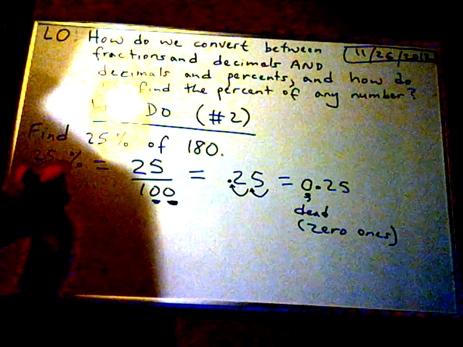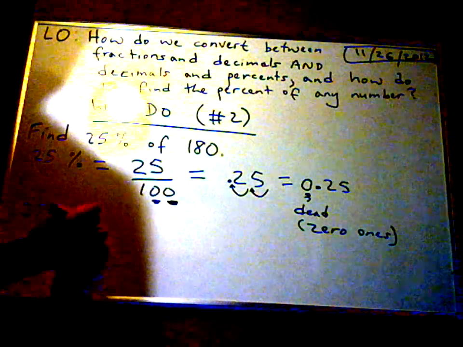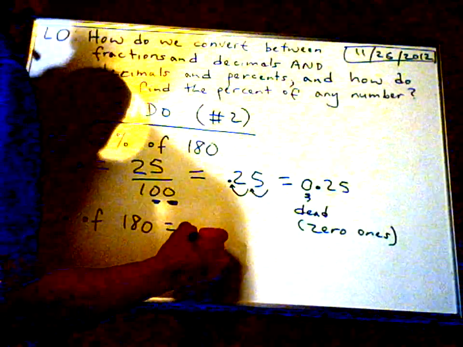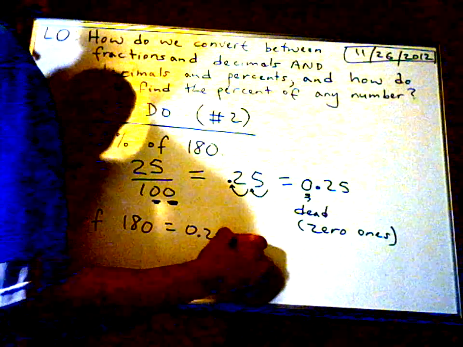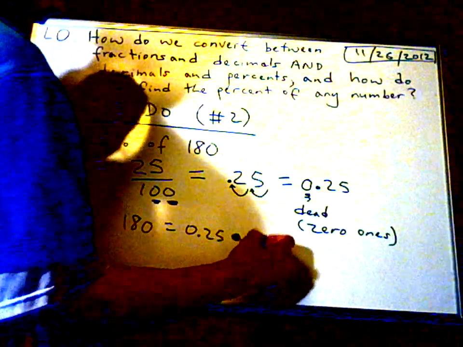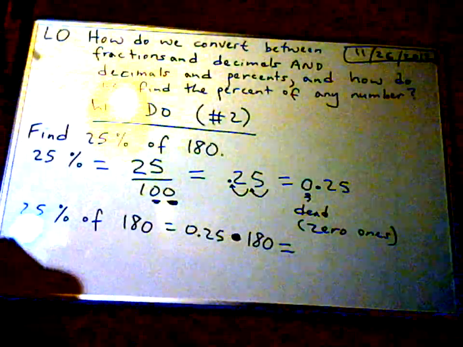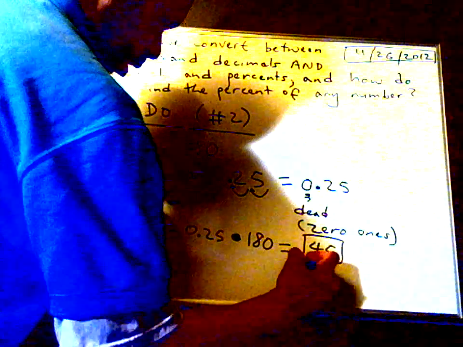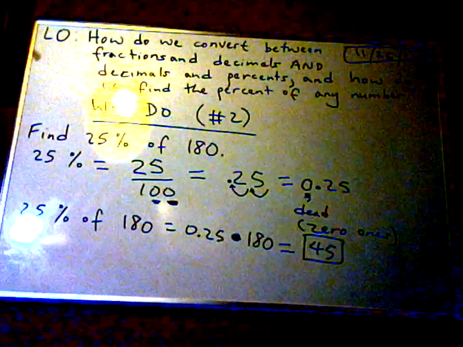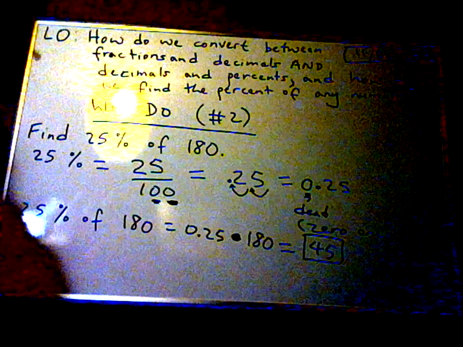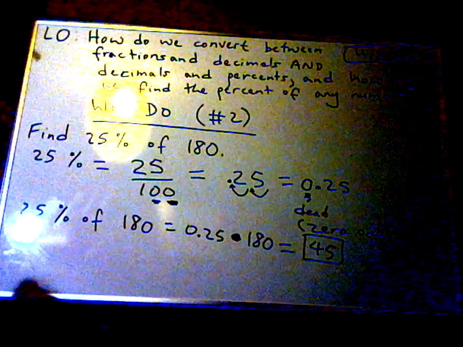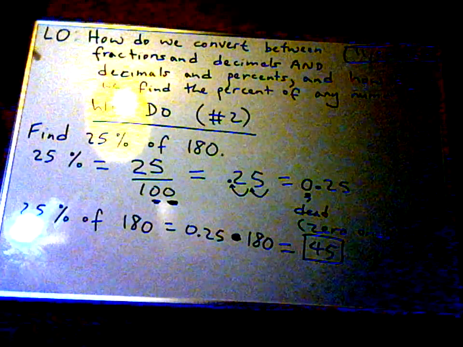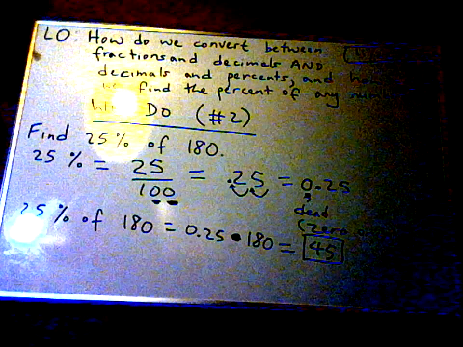And so now, if you want to find 25% of 180, all you got to do is multiply 0.25 times 180, and that is going to give you 45. Again, 25% of 180 is 0.25 times 180, which is 45. Are there any questions?